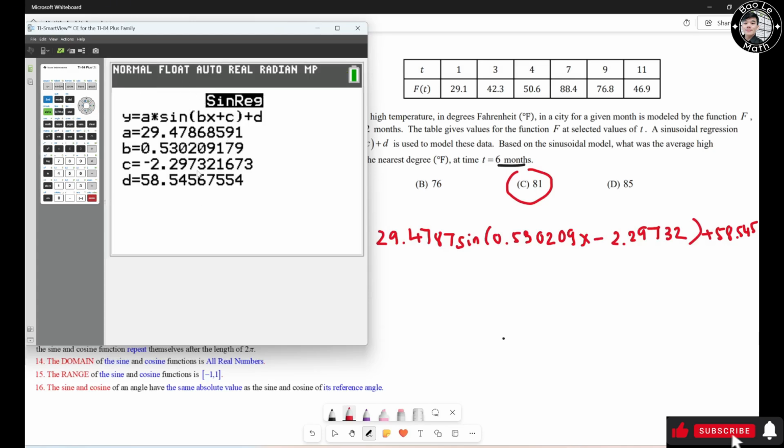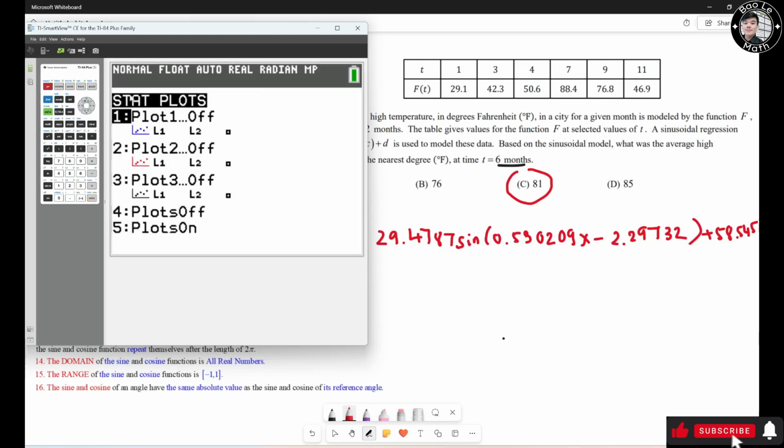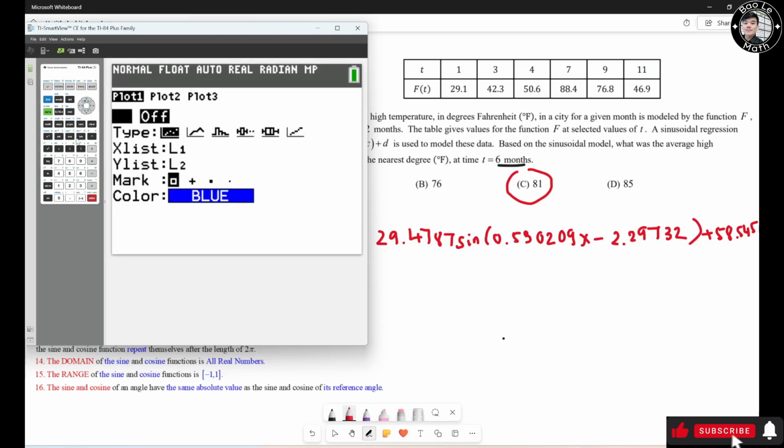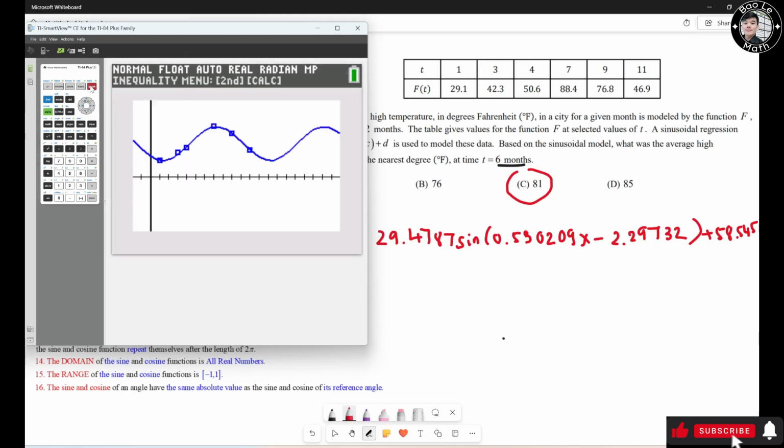Alright, so this is the answer, and it matches the information we got when we used the TI-Nspire calculator. Now I want to see how the graph looks. So I hit second, stat plot. I need to turn this one on, so I hit enter, turn this one on, and then I hit graph, so it looks like this.